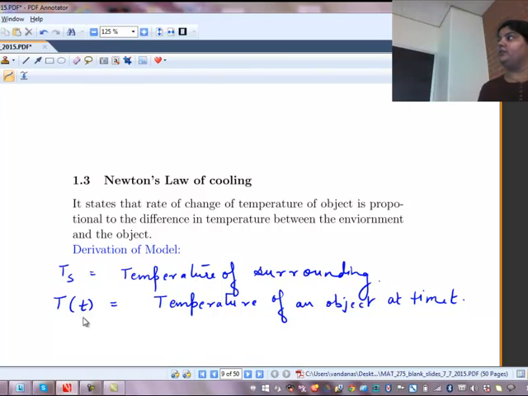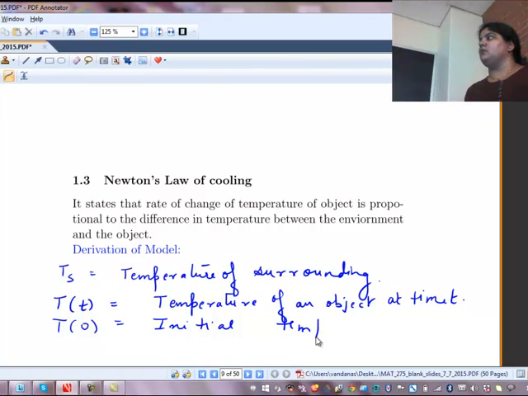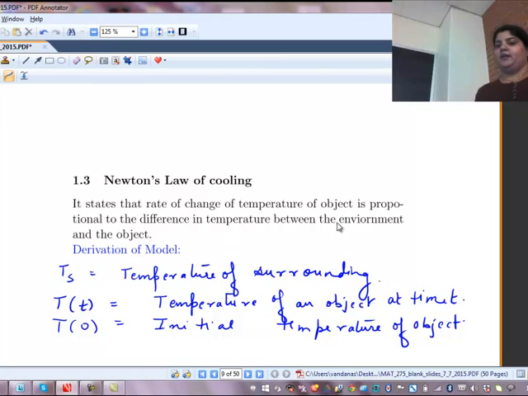What else do we need further? Initial temperature. Now we start applying this law.